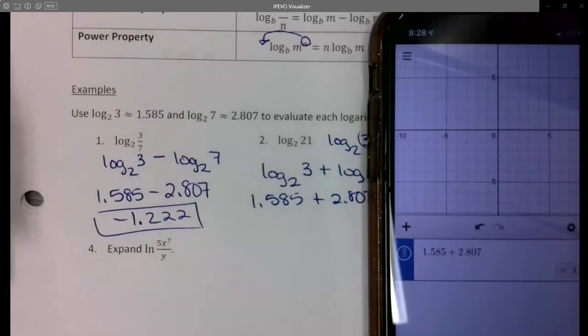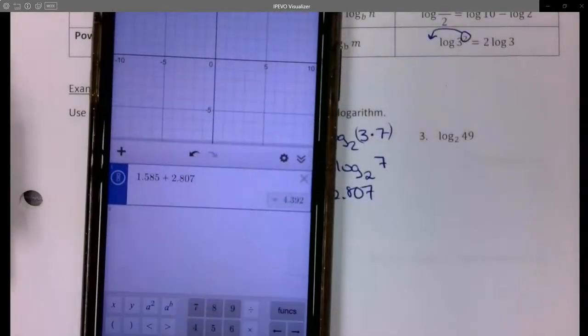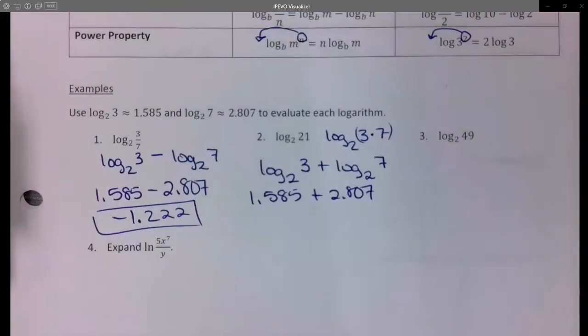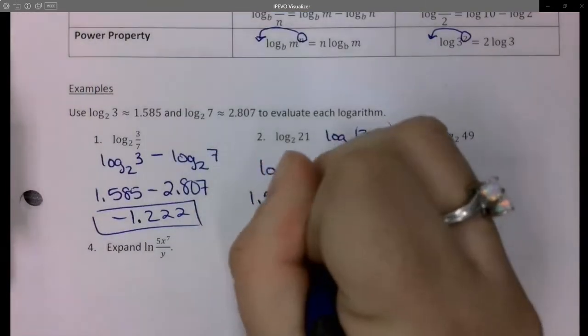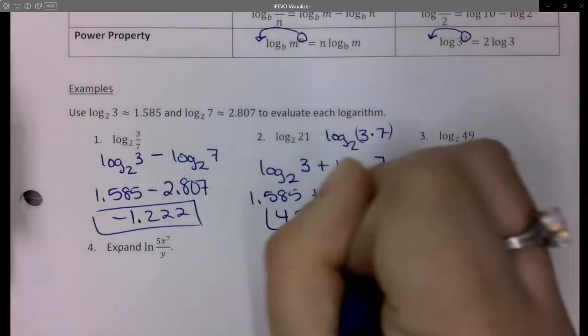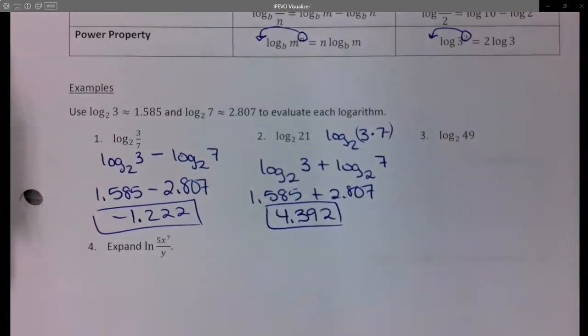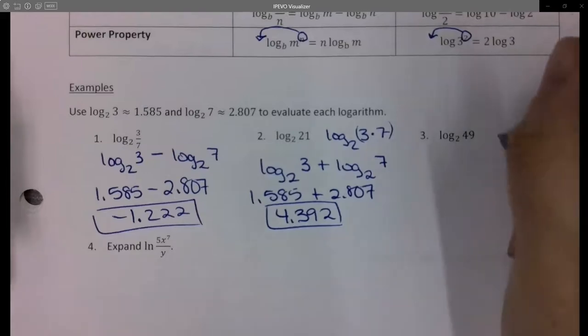Okay, so when I add these together, I get 4.392. How can I rewrite 49 in terms of 3 or 7?